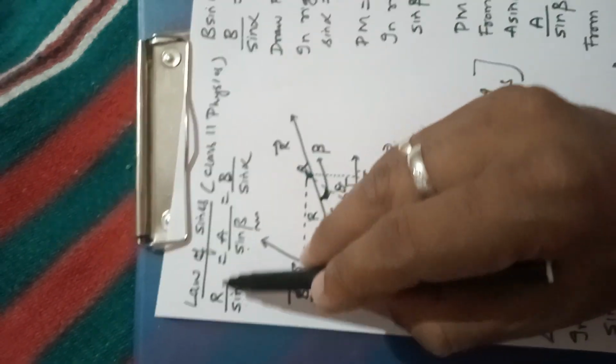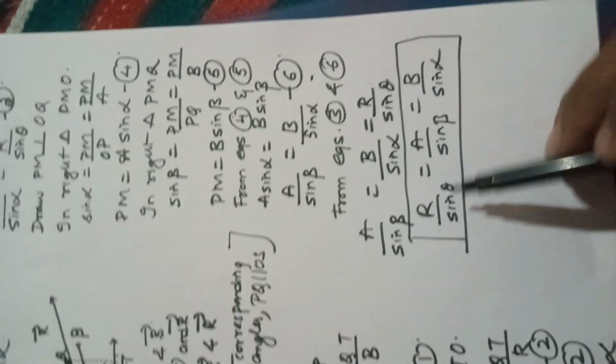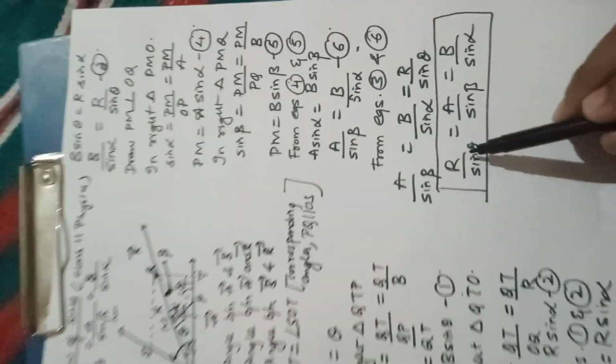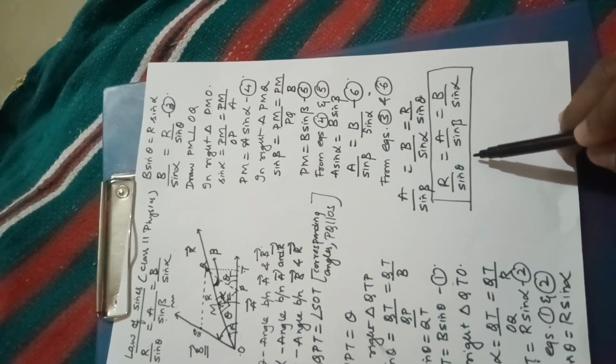You can check the law of sines: R by sin theta is equal to A by sin beta, equal to B by sin alpha. Here is what we have derived. You can compare this with this. So we have completed the derivation.